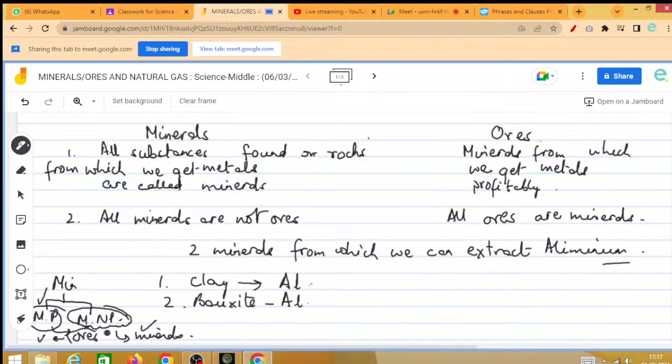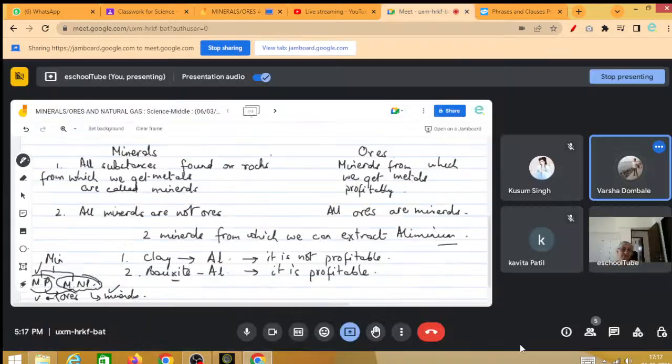So which one is an ore and which one is a mineral? Yes? Harshal, tell me. Both are minerals, but which one of these is an ore? Because clay is also a mineral. And bauxite.